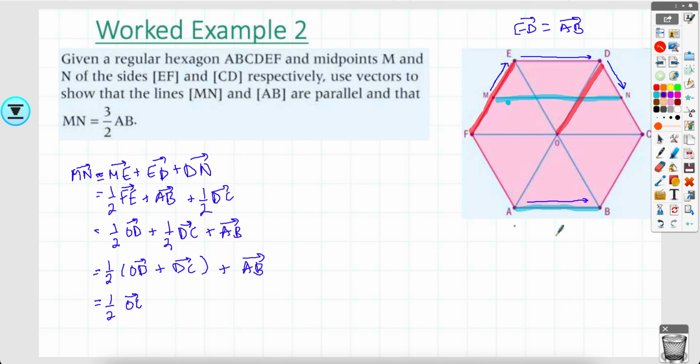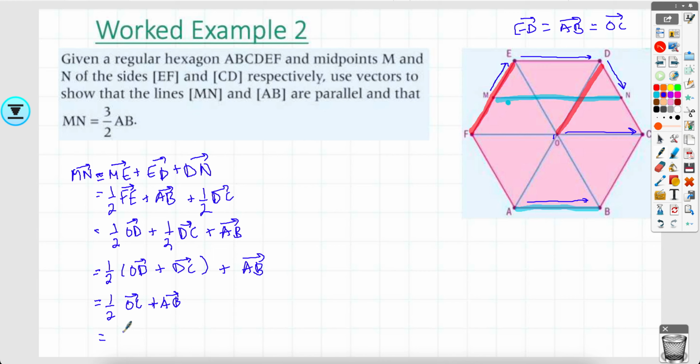Okay, go back to the triangle law. You have O to D and then D to C. So O to D, D to C is basically just O to C. You can either deal with this by memorizing the triangle law or by looking at the diagram. So we have this, but I can also see that OC is equal to AB as well, based on the fact that this is a regular hexagon.